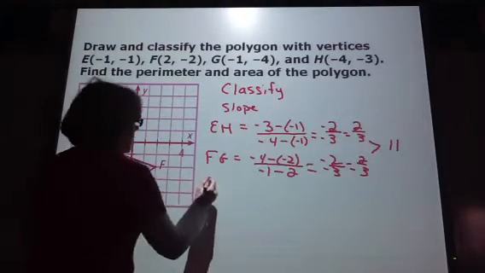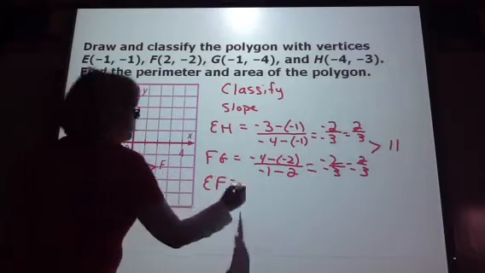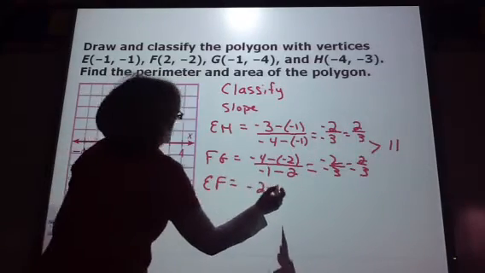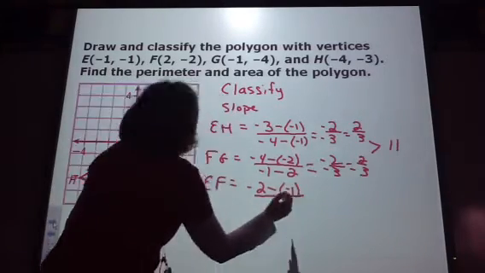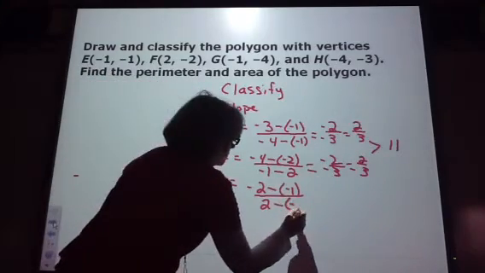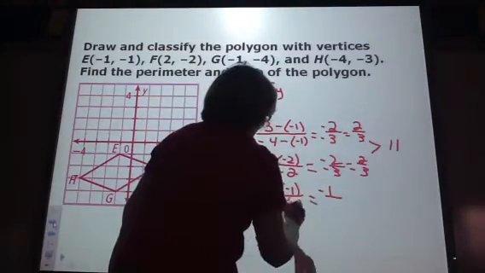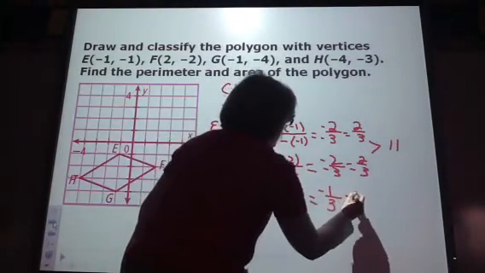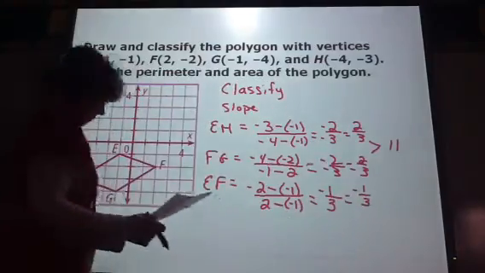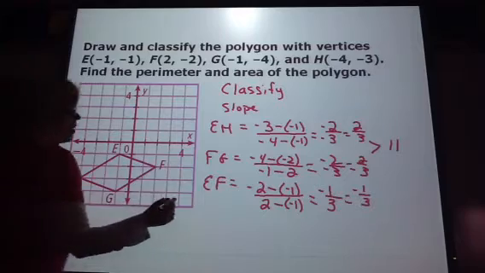Now we need to look at EF. So -1/3. So I have EF. Now I need HG.